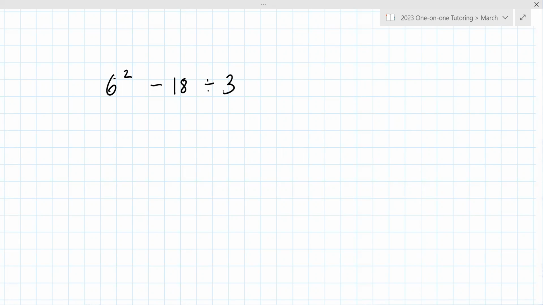Well, you're going to do the 6 squared first. Good, I agree. 6 times 6, which is 36. Then you're going to do the division, because division comes before subtraction. So 18 divided by 3, which is 6.